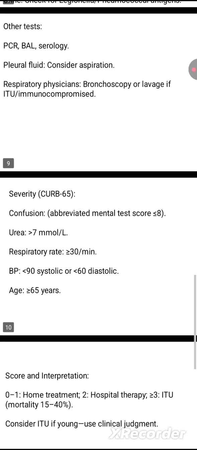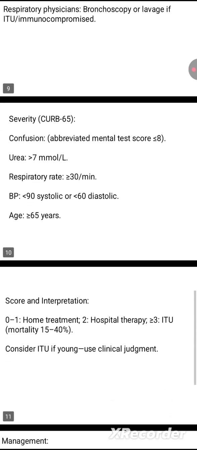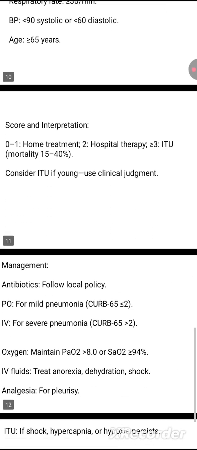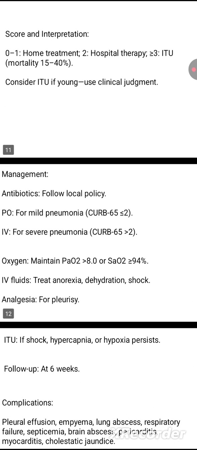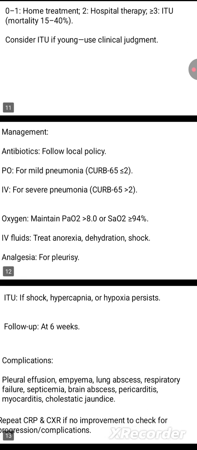So ITU here is just intensive care unit. Yes, I remember that. Consider intensive care unit if the patient is also young, which is the SCBU, special care baby unit. Then you have to use your clinical judgment.